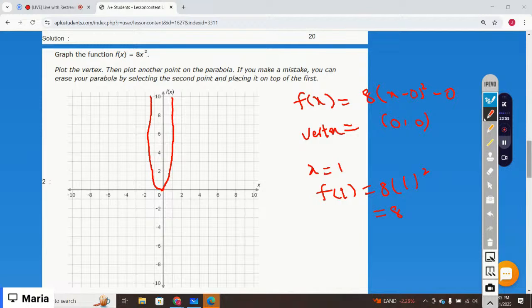The parabola looks like this. That's how you plot the graph of the parabola. You need a point and the vertex. Just join the point and vertex and form the parabola.